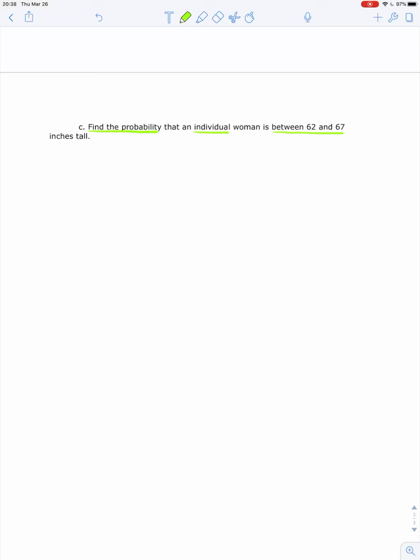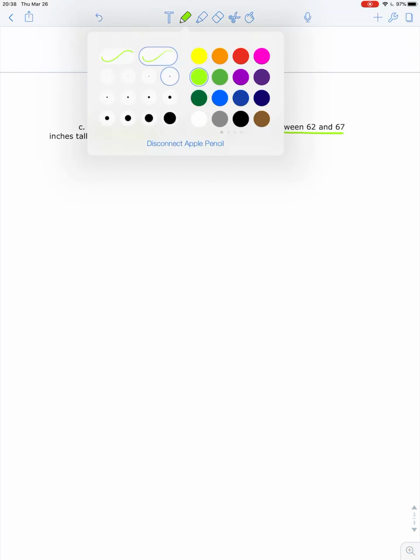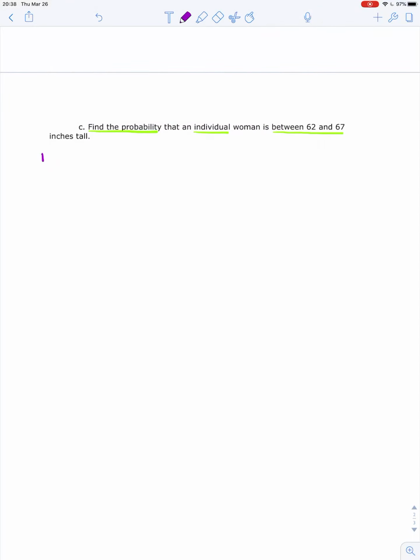This one's going to be a little more complicated, but not too bad. We're still going to follow our 4-step process. The first thing we're going to do is calculate the z-score. But now I have 2 heights that I'm looking for, so I'm going to calculate 2 different z-scores.